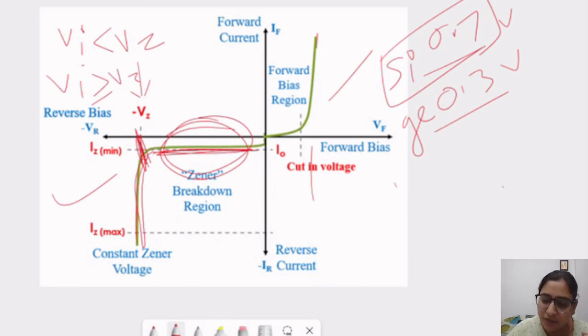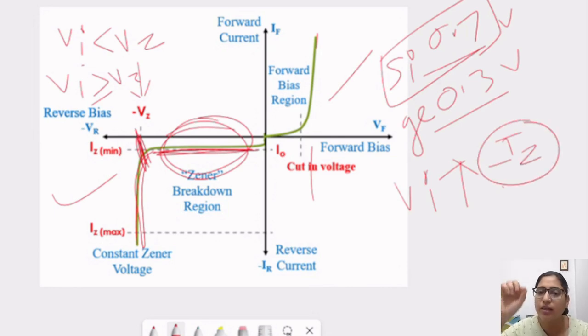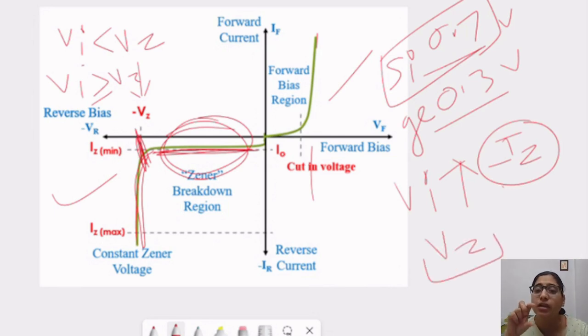So what is happening? Vi is increasing more and more, so due to this increment in Vi, obviously Iz will increase, or Iz max will increase. It will attain higher values, but Vz is constant. The output voltage which we get across the Zener is constant over time, until its final rupture begins.